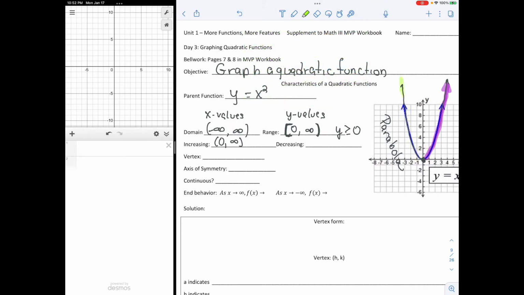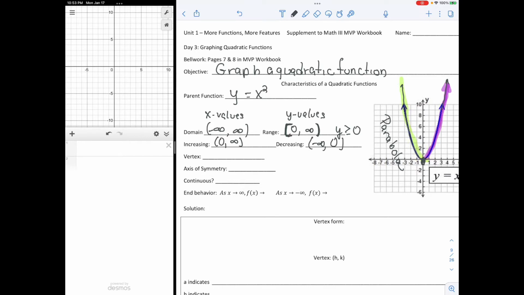Well, on the left side, I start off big and then I'm coming down to 0. So I'm decreasing from infinity. So I'm increasing from negative infinity, because these are x values, negative infinity to 0.